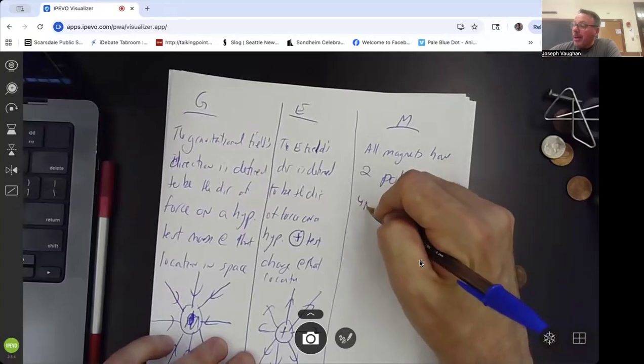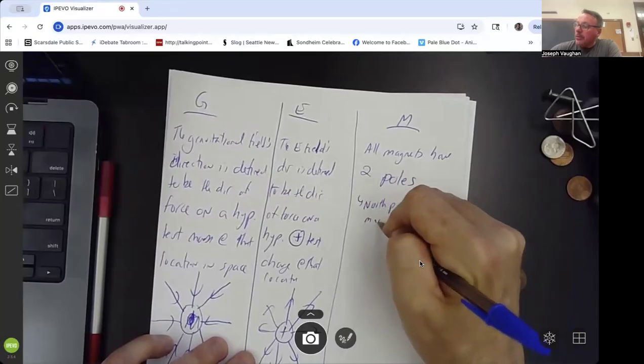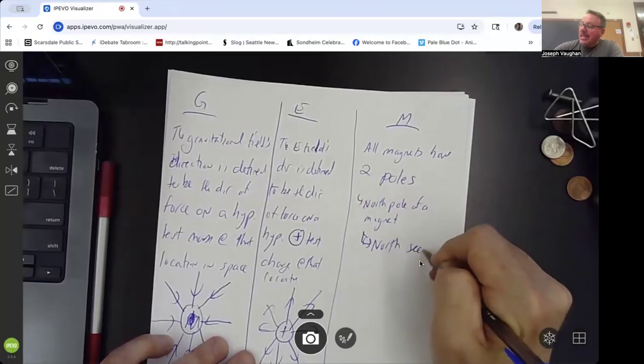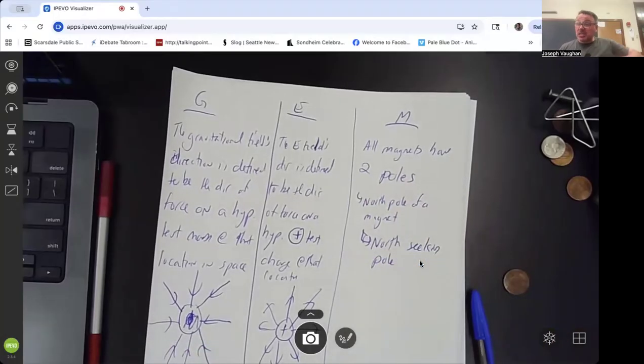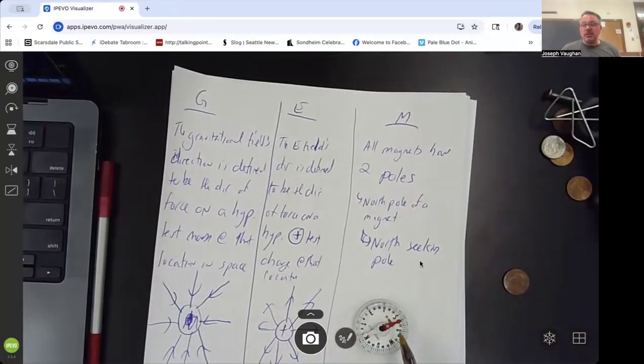The north pole used to be called the north seeking pole, because that would be the part of the magnet that, if you suspended it on a wire, would point towards geographic north. On this compass, that's this red arrow here, pointing towards geographic north. And where this one is pointing to geographic south, it's called the south seeking pole. Now we just call it the south pole of a compass.